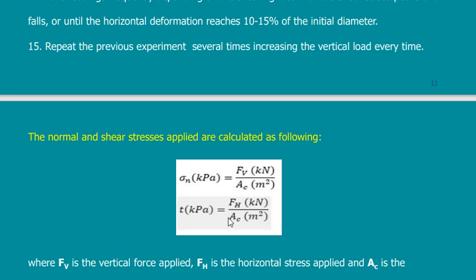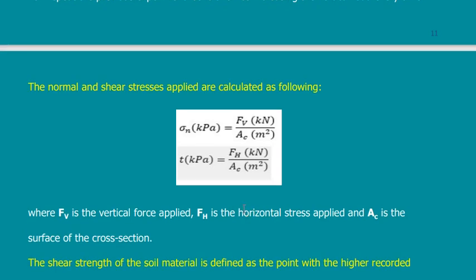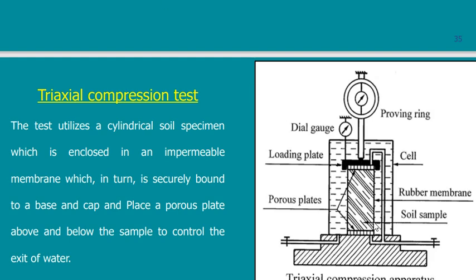So you know exactly the dimensions of this plane. The area affected by the normal force is exactly the same as the area affected by the horizontal force. This is in this test specifically, but in the other test, no.